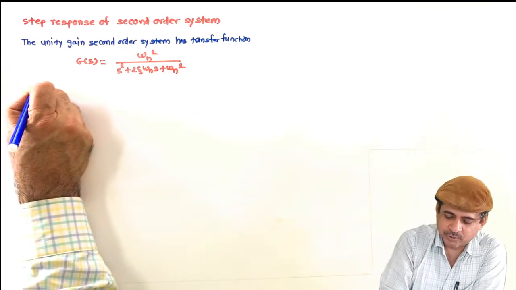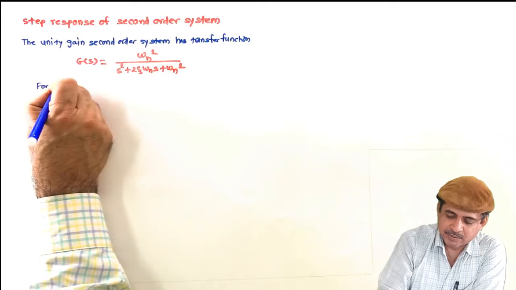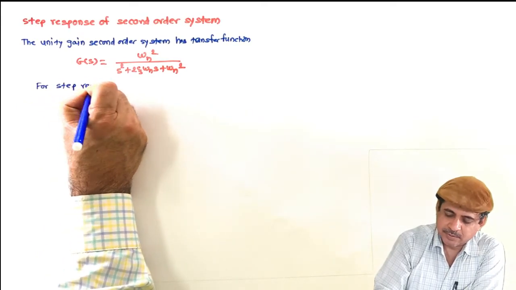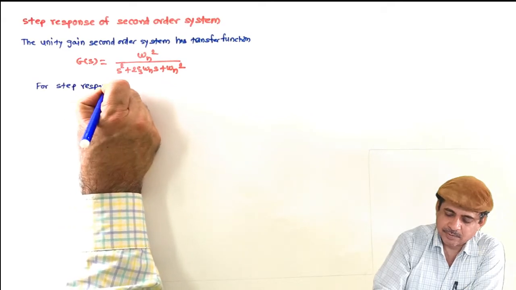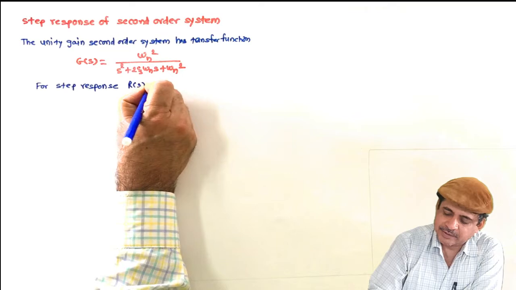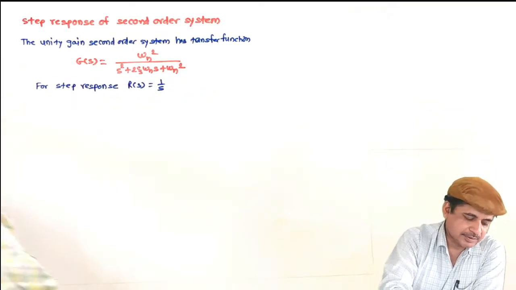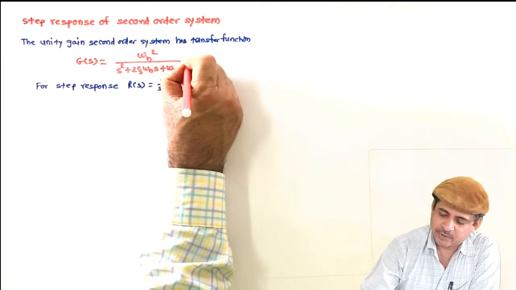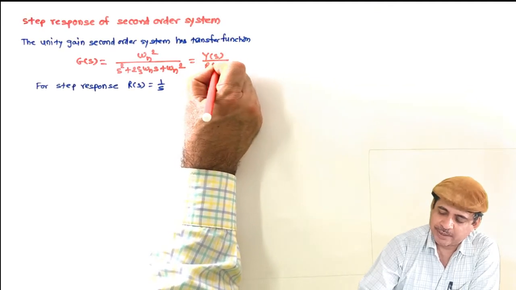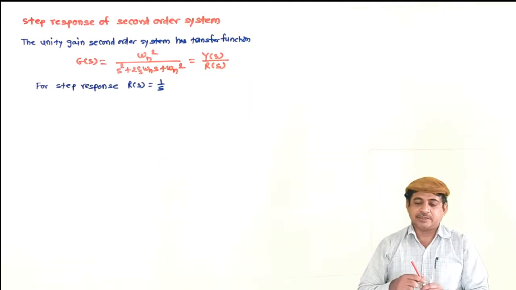Now for step response, R(s) is equal to 1 by s, and G(s) will be equal to Y(s), that is Laplace of output by Laplace of input with zero initial conditions.